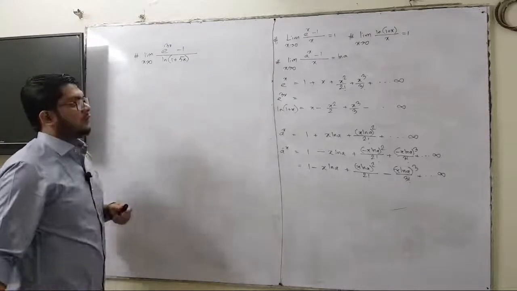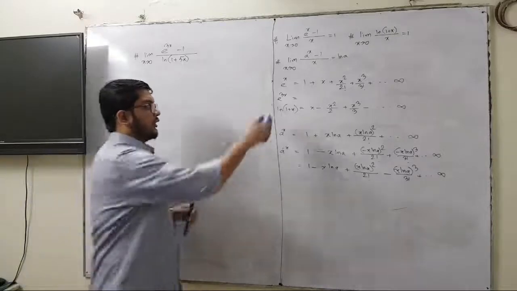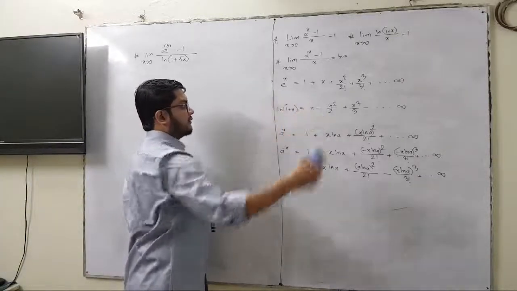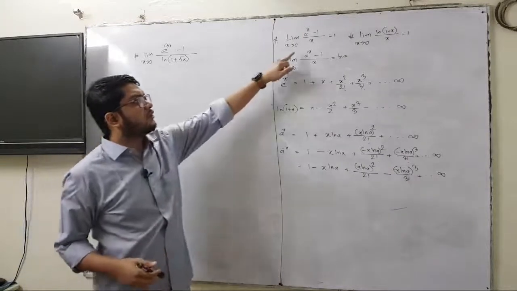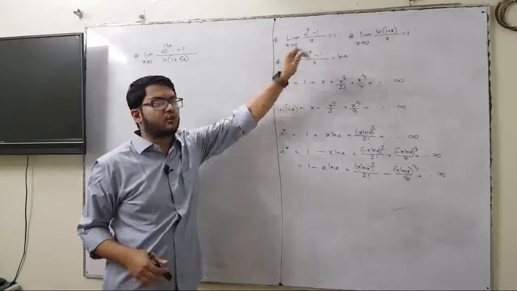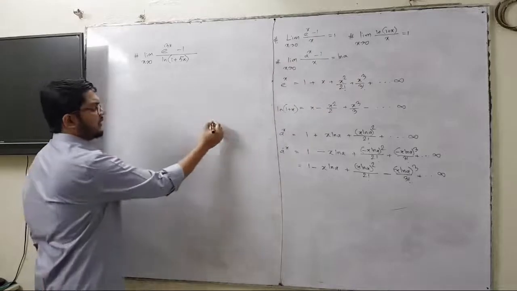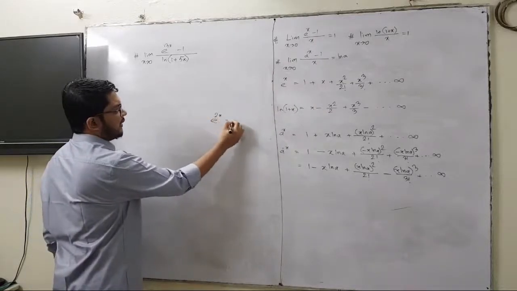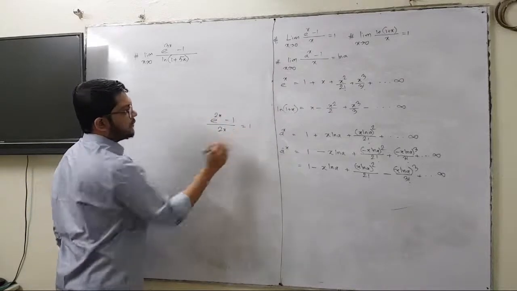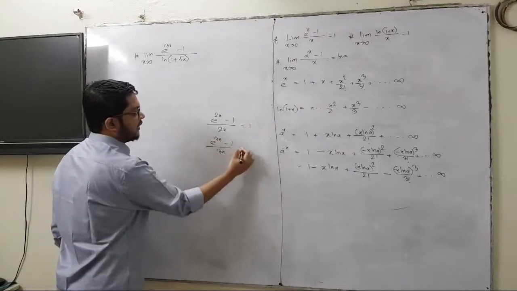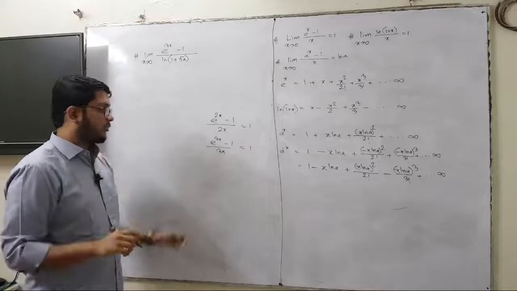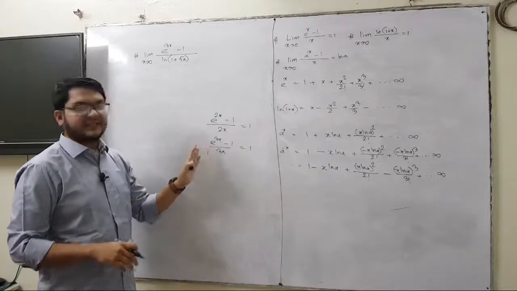Now, in order to apply the shortcut method, you have to know one thing: limit of (e to the power x minus 1) divided by x is equal to 1. Similarly, (e to the power 2x minus 1) divided by 2x will also become 1. (e to the power 3x minus 1) divided by 3x will become 1. If you want to verify, you can check.